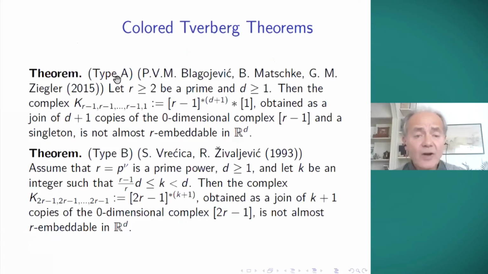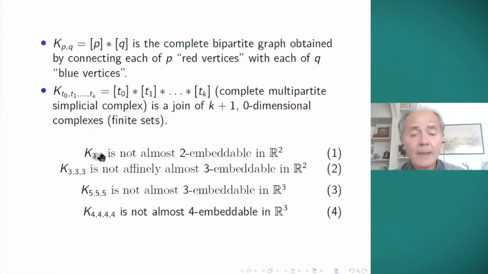We classify them as type A and type B because we don't often call it optimal colored Tverberg, because all these theorems are optimal in their own kind. For example, the simplest example of the type B colored Tverberg theorem is Kuratowski's result, saying that K33 is not embeddable.